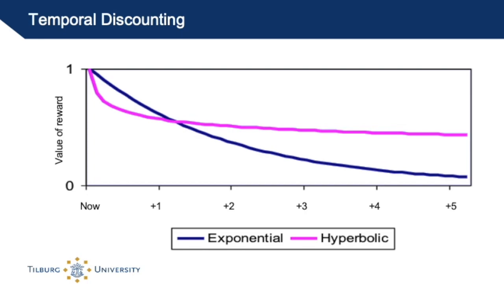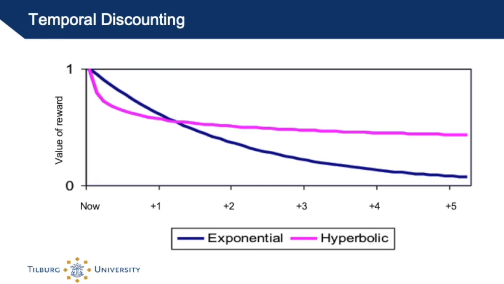So what we have here is on the x-axis the delay, either 0 delay, getting the second marshmallow now, or after 1 unit of time, 2 units of time, 3 units of time, and so on. And then on the y-axis, we have the value of the reward, which can be either 1, the same as getting it now, or 0, worth nothing to you anymore.